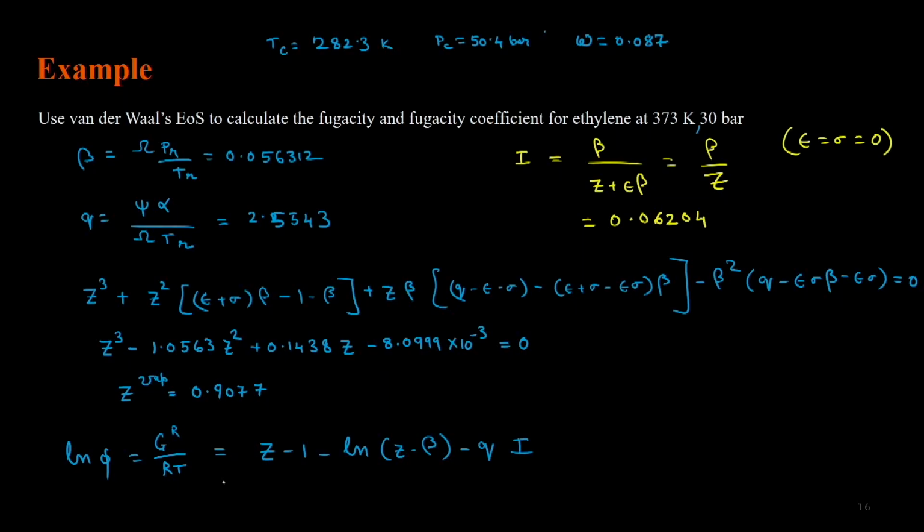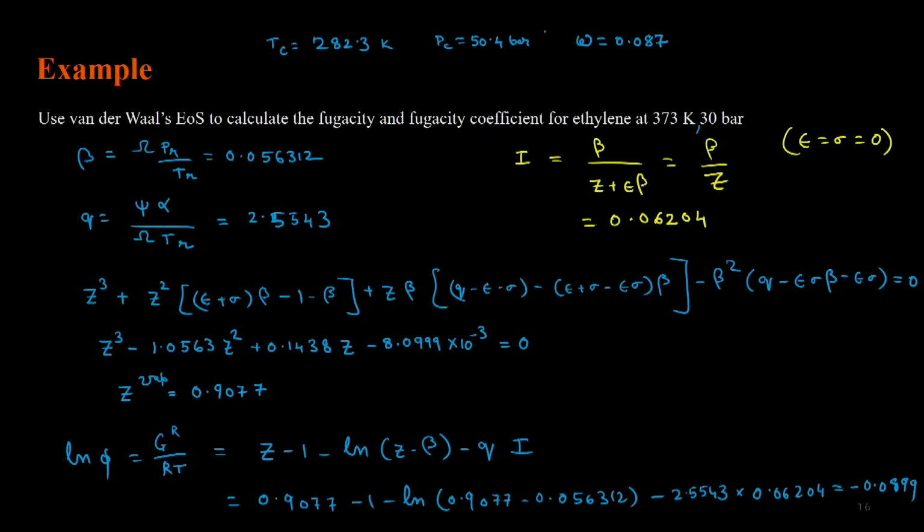Once I have I, I can put everything back in this expression for ln phi. So it will be 0.9077 minus 1 minus ln of 0.9077 minus 0.056312 minus 2.5543 times 0.06204, and this equals ln phi, which is negative 0.0899.